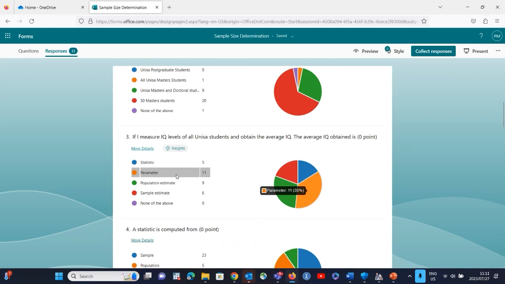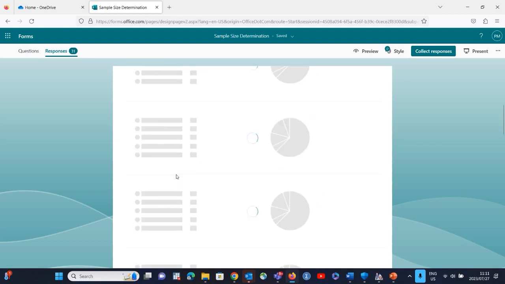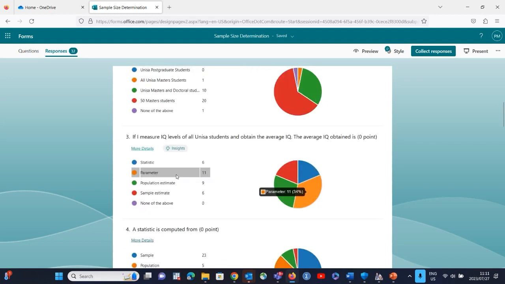So whatever we've measured is from the population, because we measured everyone. You can see that this context is about students. So we measured all the students. The average IQ that we will be computing is based on the population because we measured everyone. So it's a parameter.